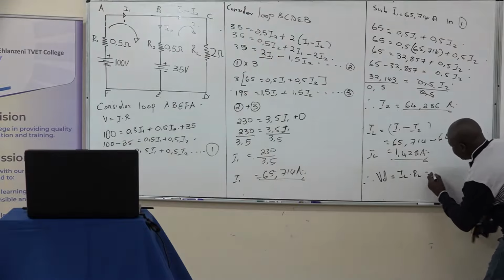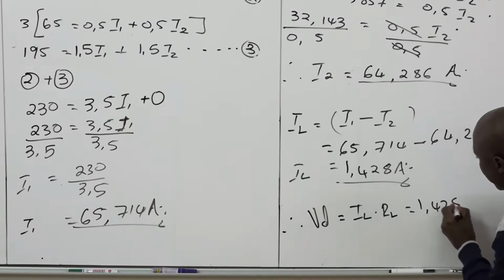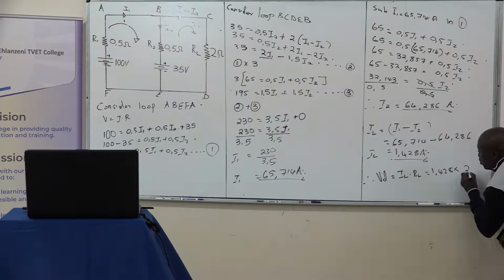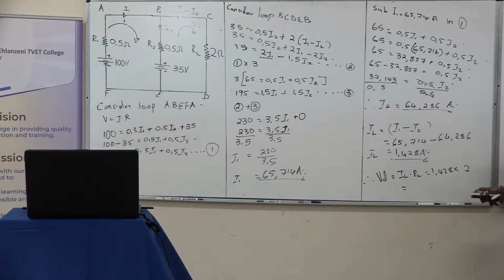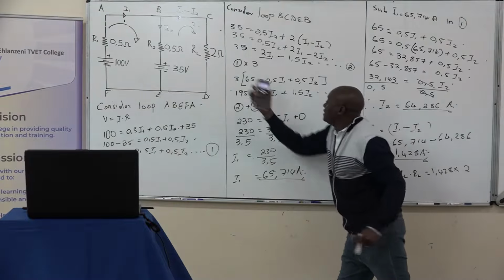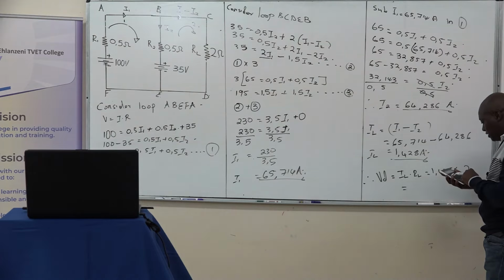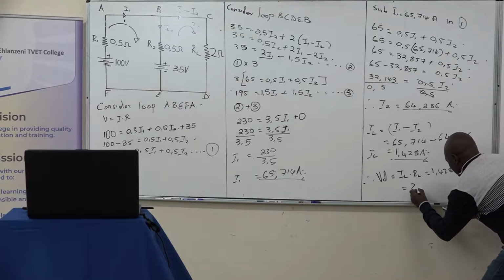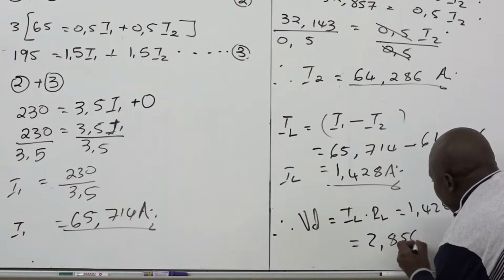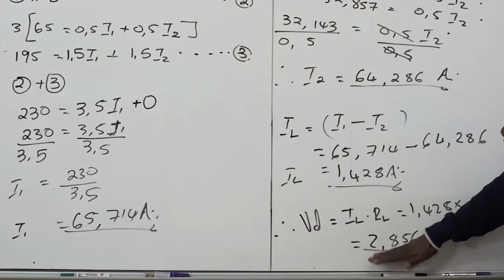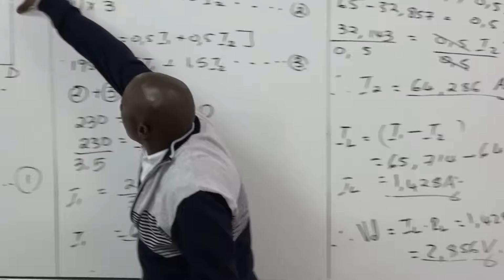The I load is 1.428 and the R load was given as 2. So 1.428 multiplied by 2 gives me the value of 2.856 volts.